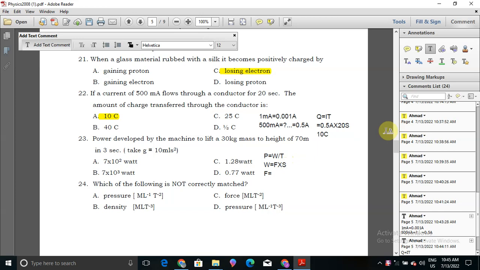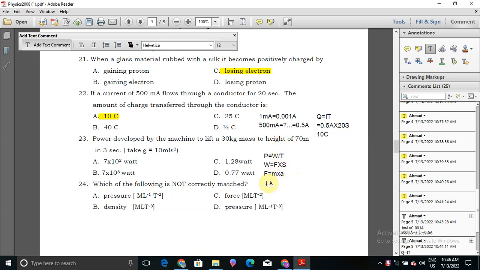MA, which is M times acceleration, right?